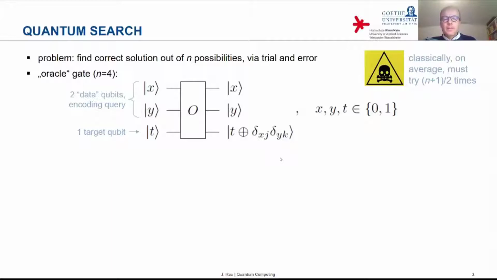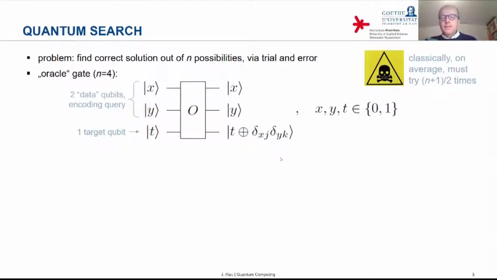Then we have a target qubit, T, and the oracle works in such a way that the target qubit is flipped if and only if the solution label encoded by the two data qubits is the correct one. So if the data qubits specify the correct solution, the target qubit is flipped, and that is denoted once again with this addition mod 2.